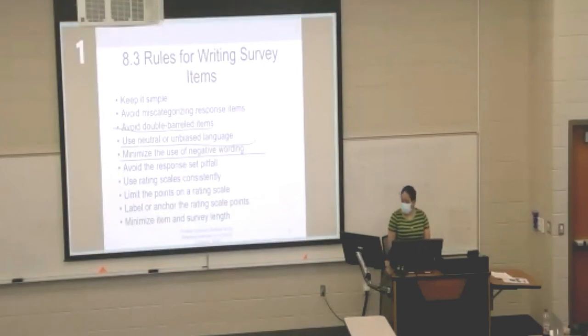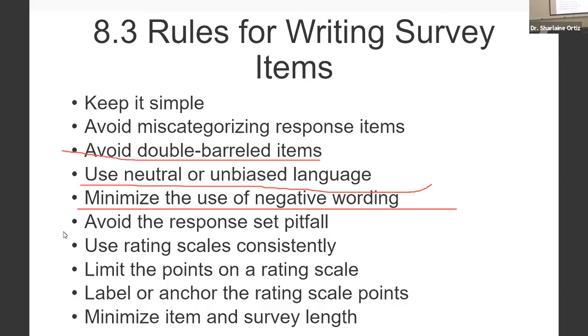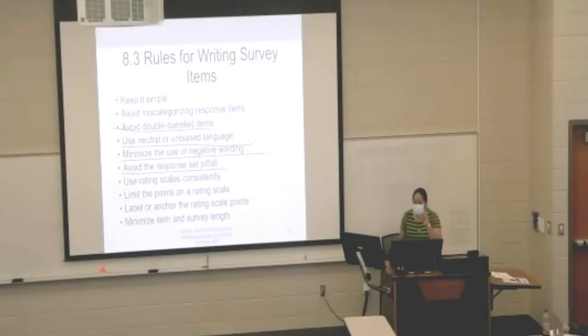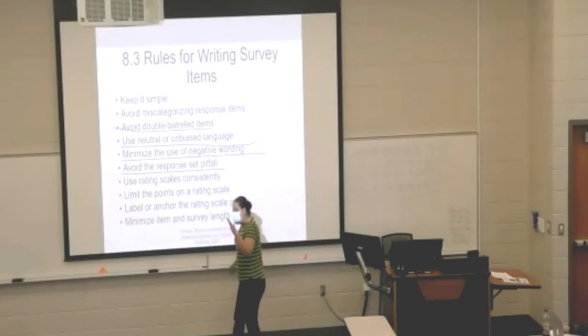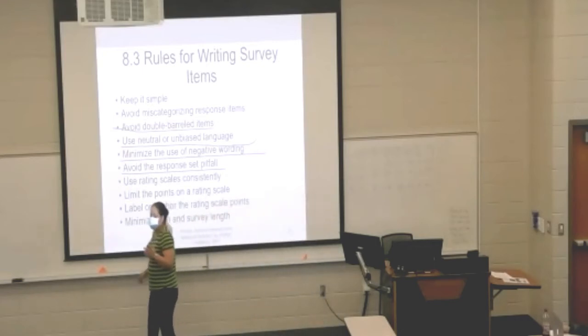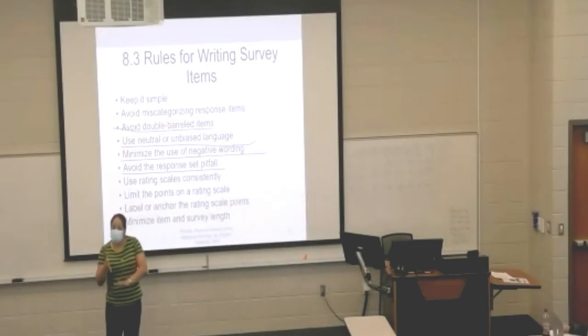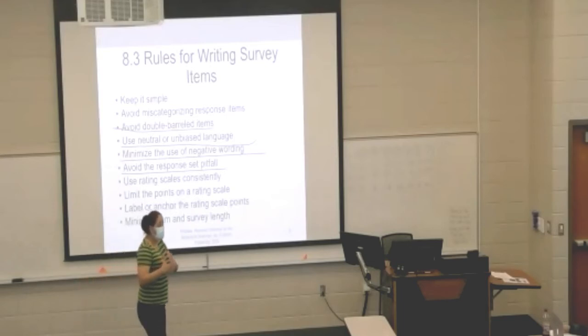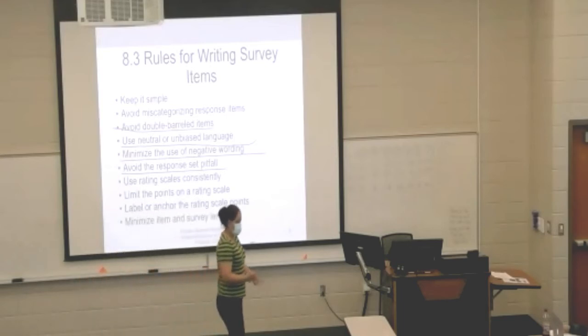Now, another issue that we may encounter is that we're trying to avoid a response set pitfall. That's a very complicated term to say that my examinee, my respondent, is kind of figuring out what they should answer, right?